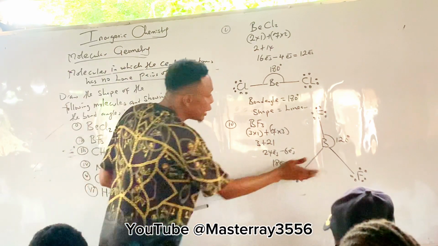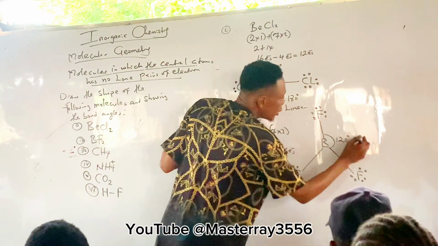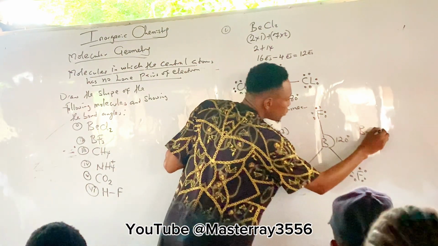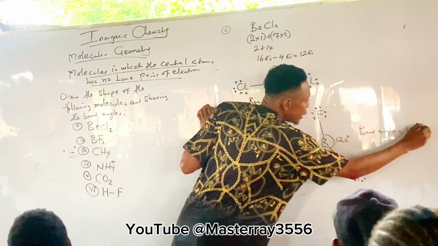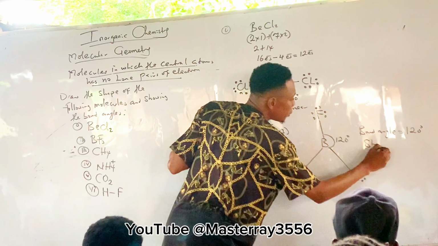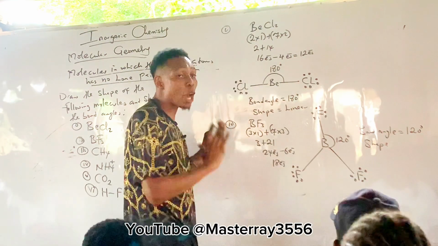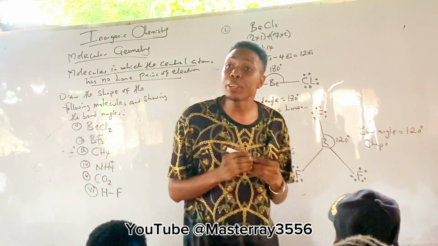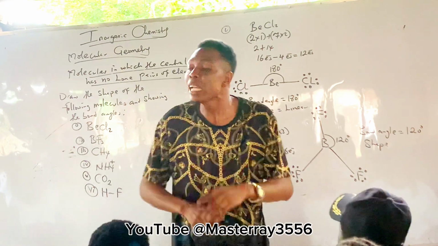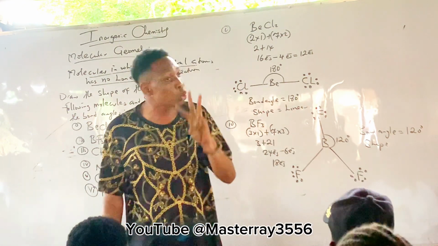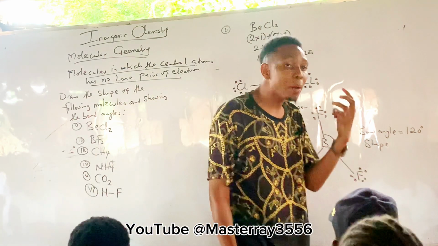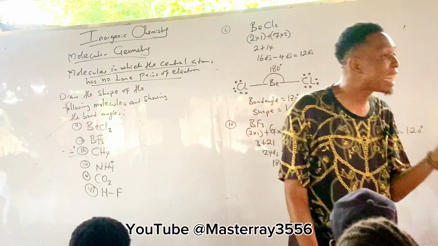Alright. So with this now, the bond angle is equal to 120 degrees. As for the shape, anything like this is called trigonal. And if it's theory, it's called what? Trigonal. We have two kinds of trigonal: trigonal pyramidal and trigonal planar.